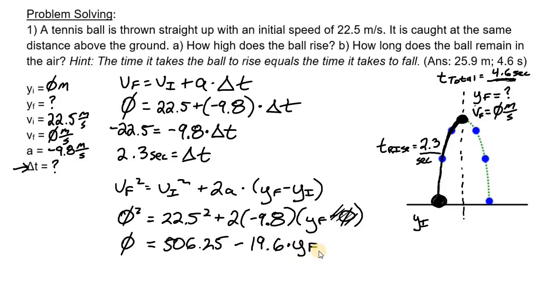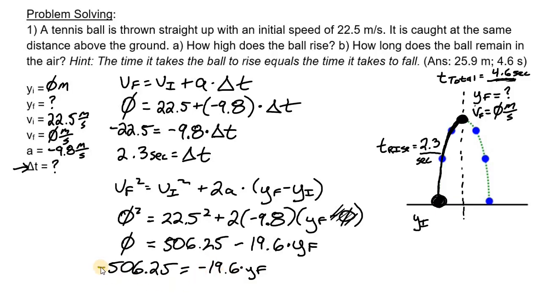We're trying to isolate our YF, so let's get rid of our positive 506.25 by subtracting 506.25 on both sides of the equation. Okay, so we have a multiplication of negative 19.6, so we have to divide by negative 19.6 on both sides of the equation.